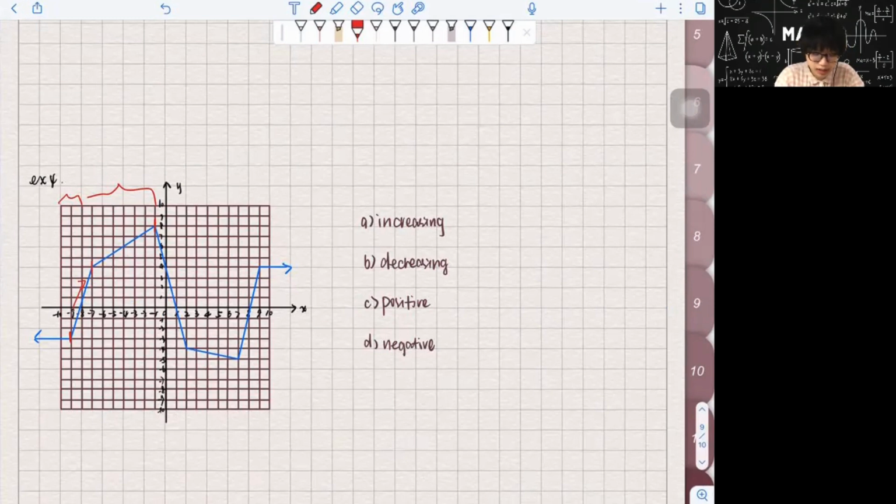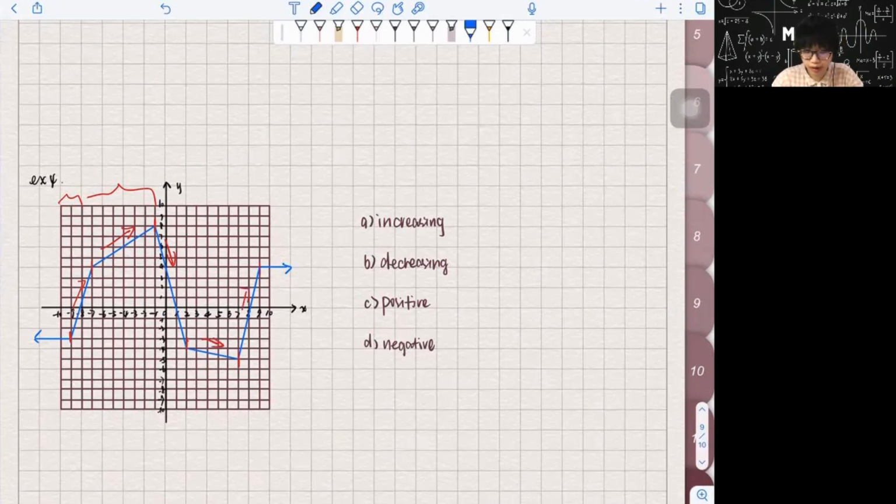So that means the graph is increasing in this part as well, between -7 and -1. And from -1 to 2, the gradient is negative, so it's decreasing. And from 2 to 7, the gradient is negative, so it's also decreasing. And from 7 to 9, it's increasing.